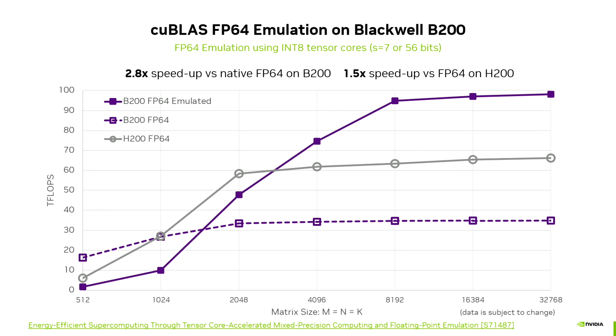You will notice something in the title that says S equals 7 or 56 bits. This is the degree of freedom that I talked to you about earlier. This controls how many bits of accuracy you retain through the emulation. You can have more or less by this S parameter, and that defines how many sub-matmuls you need to do to achieve that bit count of accuracy.